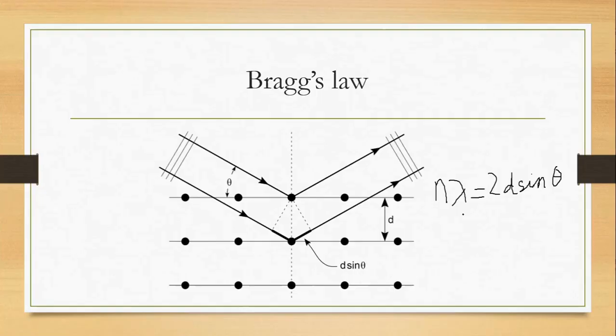Yes, I was just describing Bragg's law here. So you might ask yourself, what is the condition for this wavelength? Well, we know that the maximum value for sine theta is 1. So if we put this as 1, this means that lambda must be less than twice of d.